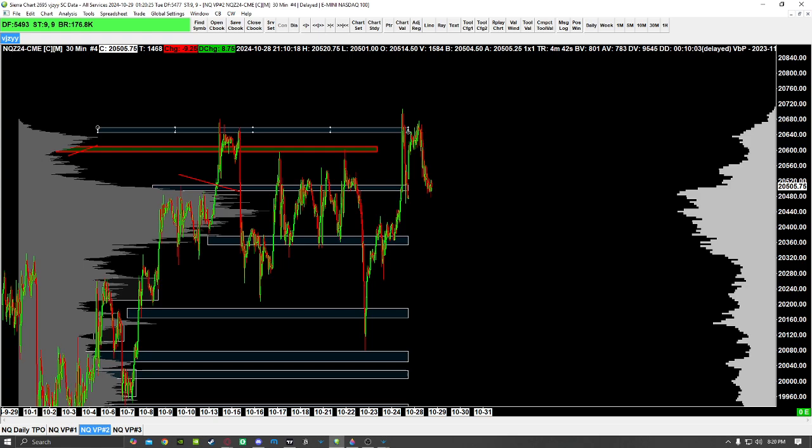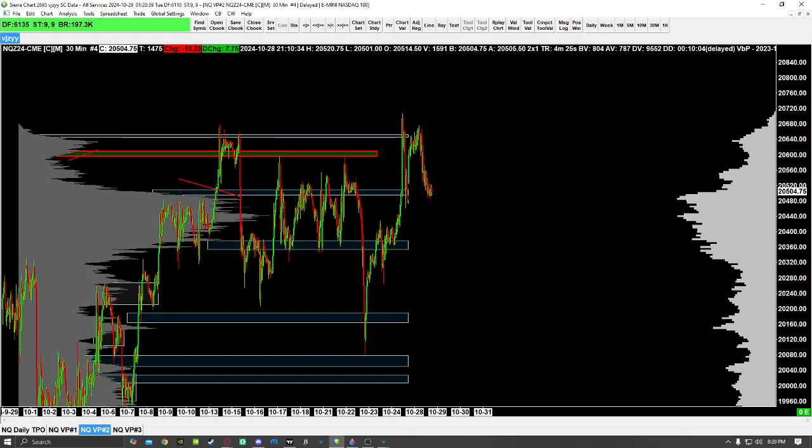You would agree this is a high volume node, and these are the shelves of the high volume node. Where does it react off of? And this is a low volume node. What does it do? It retraces back into it. And you see that it also bounces off of the shelf right here, off of these plays, and where does it go to?